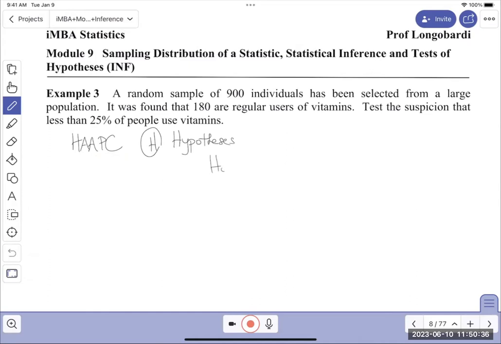First is known as the null hypothesis. This is a statement of the status quo. So this is what we believe.